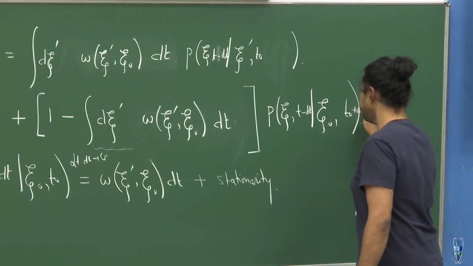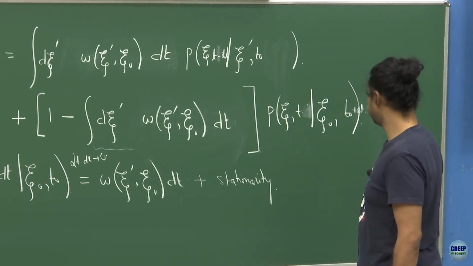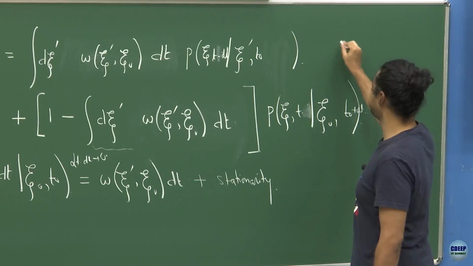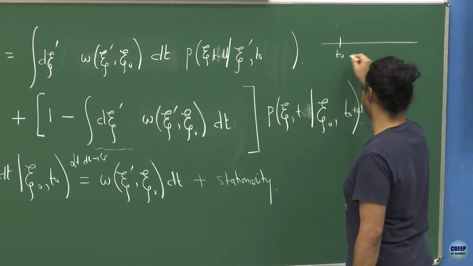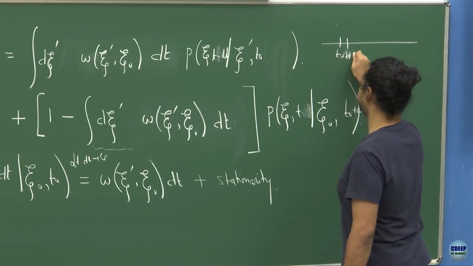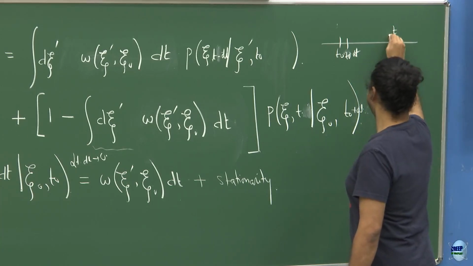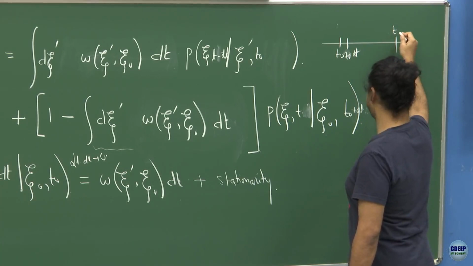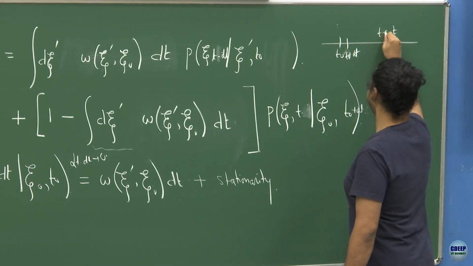Naught plus dt to t. That is the stationarity assumption, right? So, here is my time axis. This is t naught, this is t naught plus dt, this is t, and this is t minus dt.